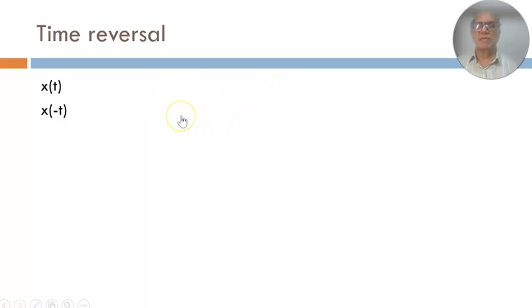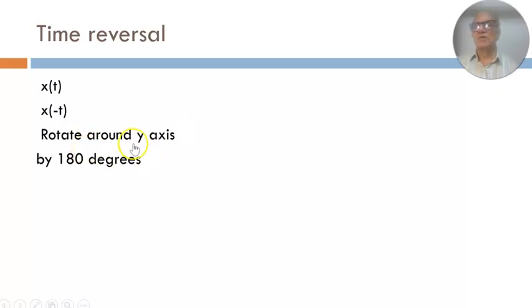When you flip it, when you reverse it in time, then after flipping it will decrease from left to right. That is what will happen. Or another way of saying is that you are rotating the signal through 180 degrees around the y-axis. So rotate around the y-axis by 180 degrees.